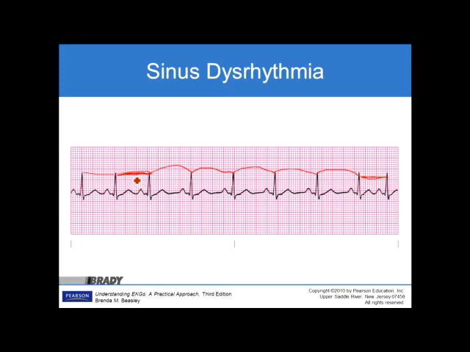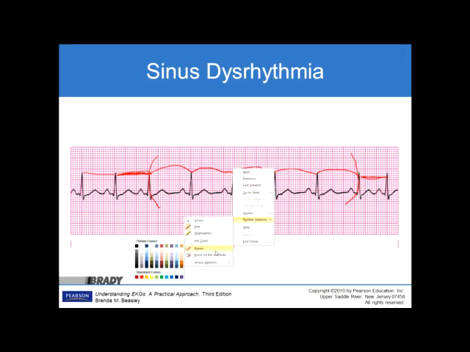Whenever we're looking at these, we're still going to go through the 5-step process. This area here is the dysrhythmic part. It's not in rhythm. It is a variation, and it's a variation of more than 2 small boxes. So I'm going to erase this, and we're going to go through the 5-step process.